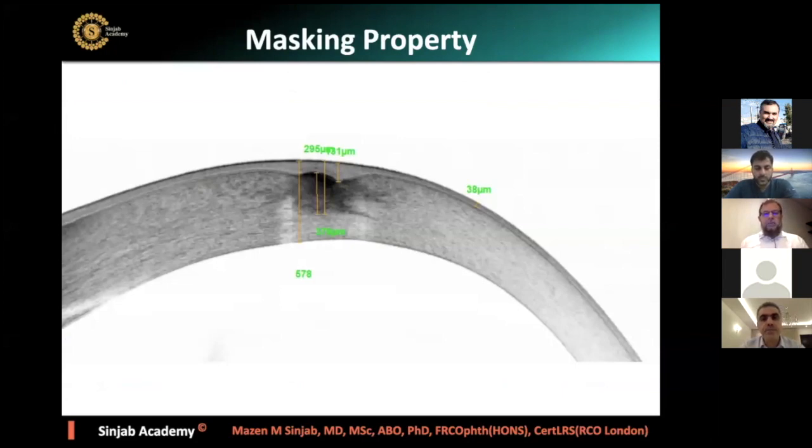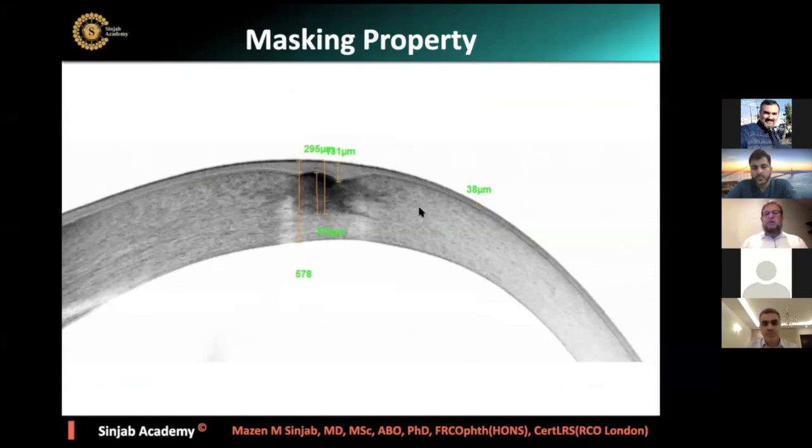Because the epithelial map is very important in refractive surgery, we have to understand the properties of the epithelium. The epithelium has a very nice property, and at the same time, an insidious property, which is the filling effect.